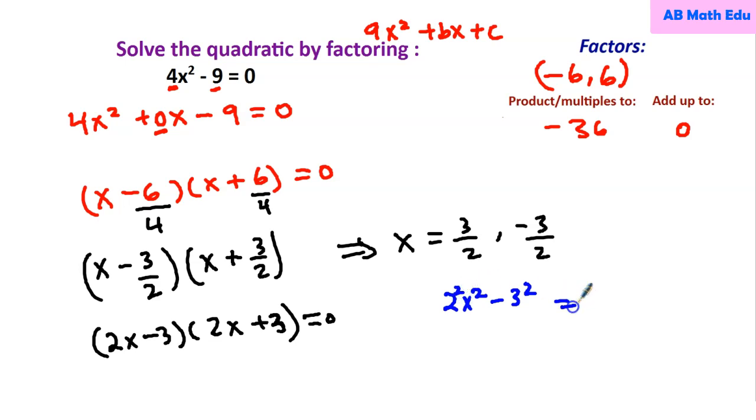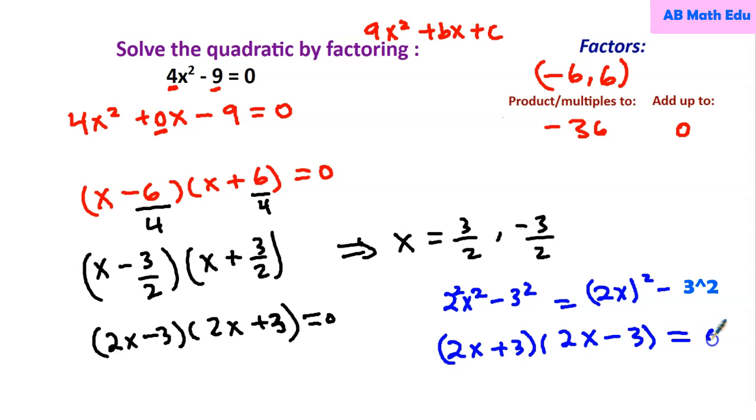And then, as we have been using, difference of two squares, we just write (2x plus 3)(2x minus 3). And that gives you back the same thing that we got here.